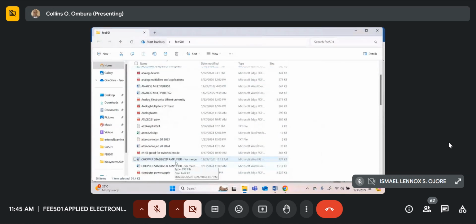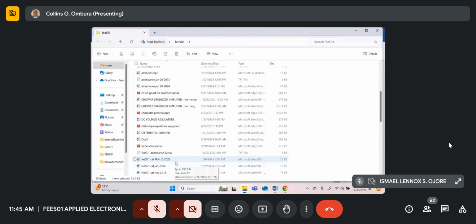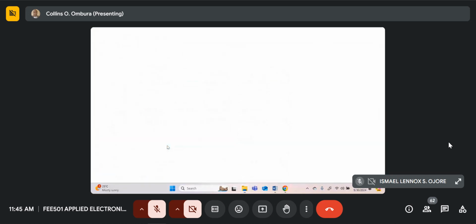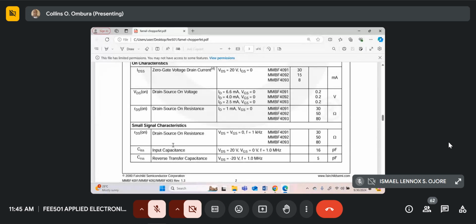Let's see the one of Texas Instruments. Okay, for this one, you can see the input capacitance is 16 picofarads, and the reverse capacitance is 5 picofarads.